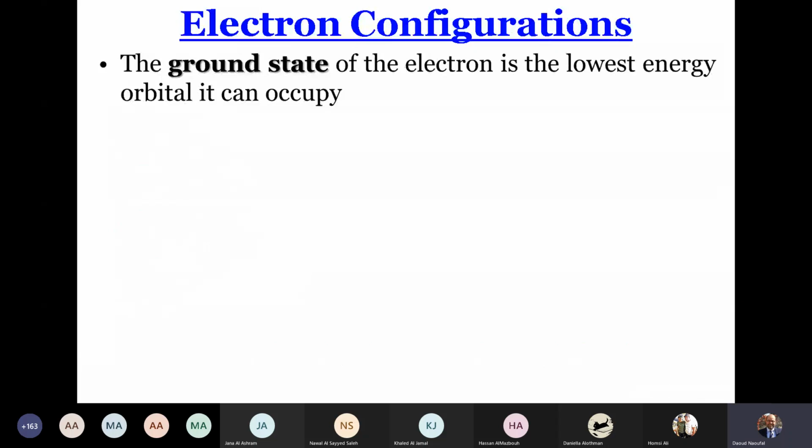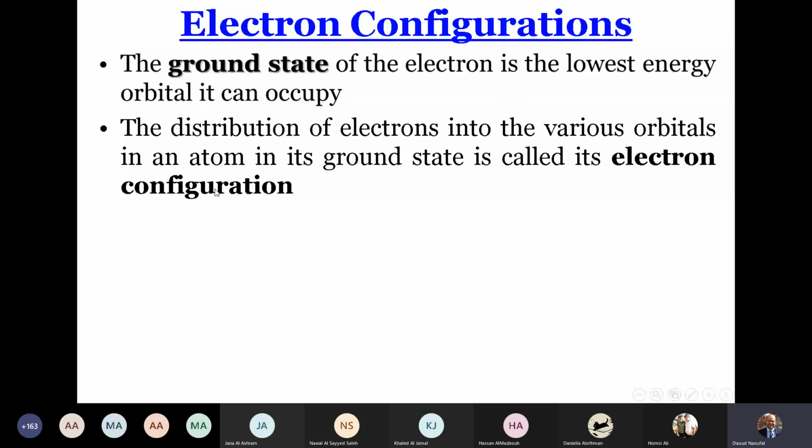The ground state is the most stable state of the electron. This is the lowest energy orbital it can occupy. The distribution of electrons in the orbitals in an atom in its ground state is called the electronic configuration.